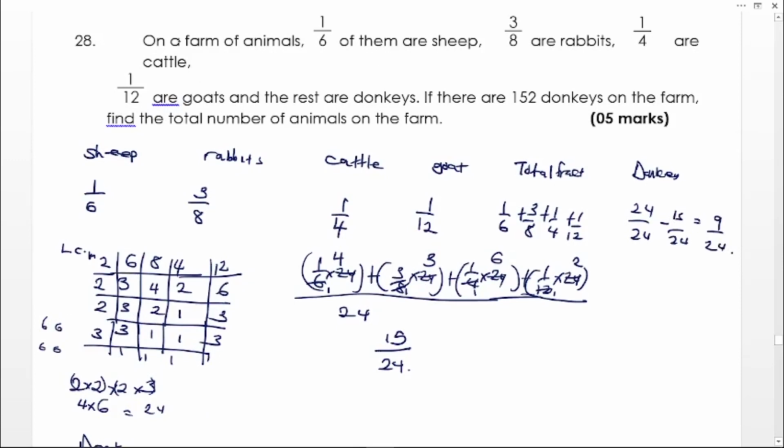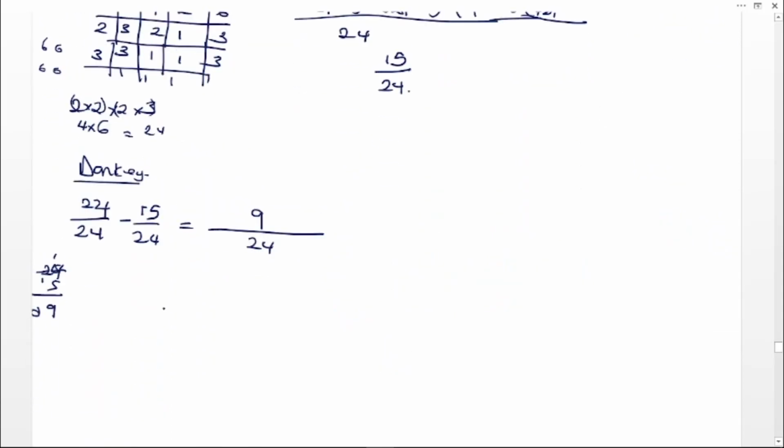Now they're saying if there are 150 donkeys on a farm, find the total number of animals. Okay, donkeys are 152. Now, meaning that 9 parts of donkeys take 152. How about the 24 parts there? I will take 24 out of 9 times 152 there. Okay, now we are going to take by 3.